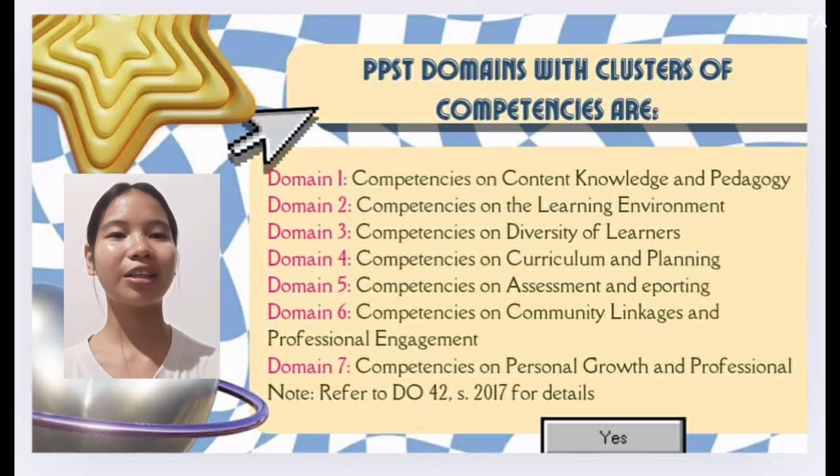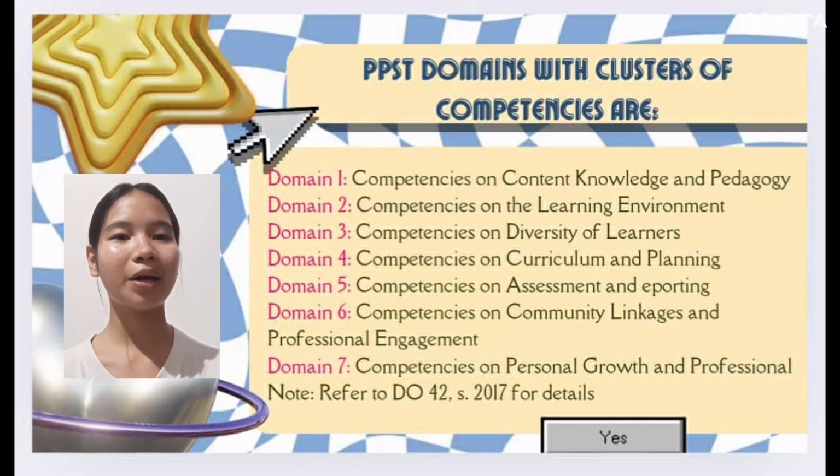Next, we have here domain 2, which is about competencies on the learning environment. So here, teachers should make the classroom safe, clean, and fun so students can learn better. For example, the teacher sets class rules and praises students who behave and participate.